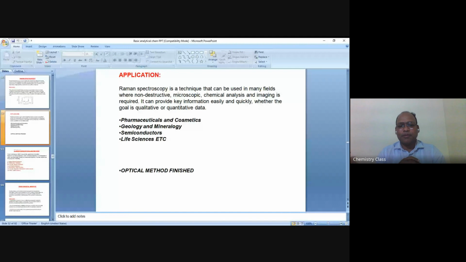Pharmaceutical companies are testing on viruses or bacteria or something else. If the sample is destroyed, what will happen? They may not have much more sample. So a non-destructive method is needed if you want to reuse the sample.